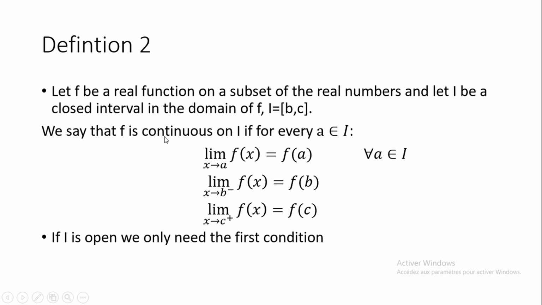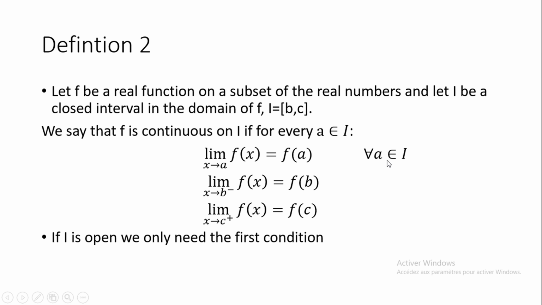We say that f is continuous on I if for every a. So here is the difference between the last definition and this one. For every a in I, we have the limit when x gets closer to a of f of x equals f of a.